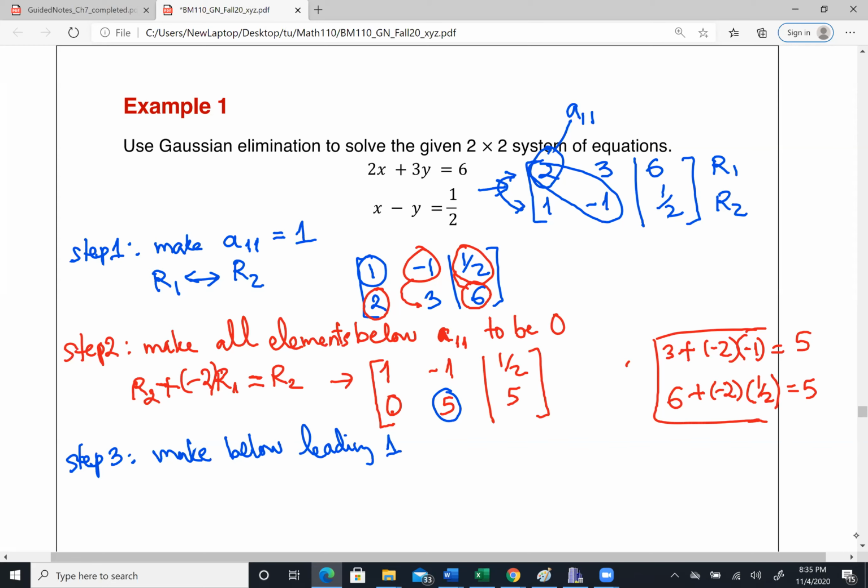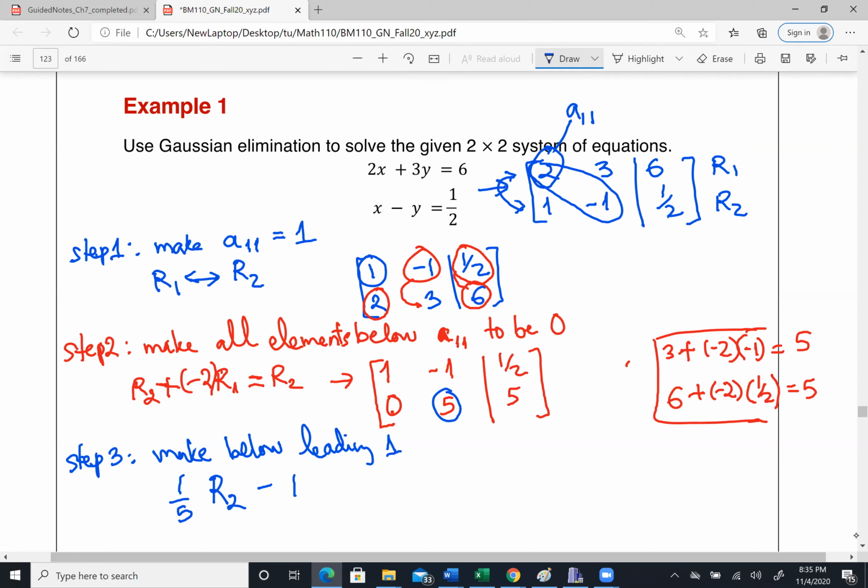I'm gonna have row 2 change by multiplying with 1/5. That will make the new row 2.